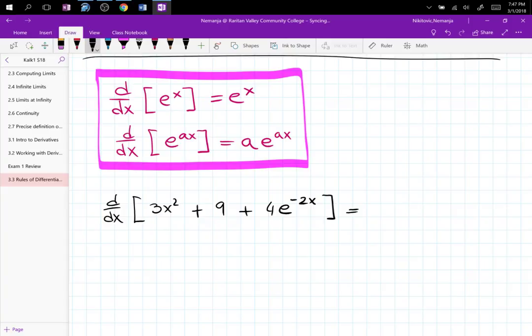You know when you take out the 4, and then you have the negative 2, e to the negative 2x. Is it like that way? Oh, you're right.